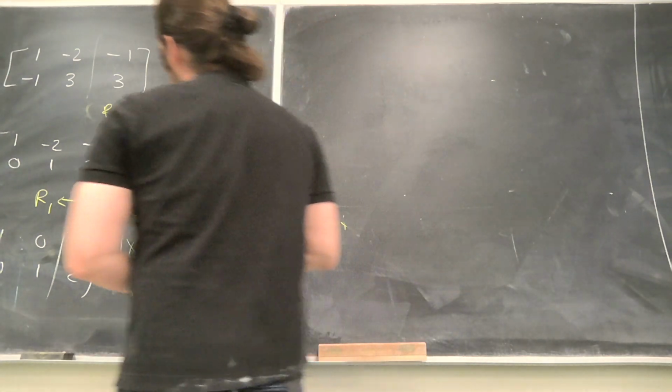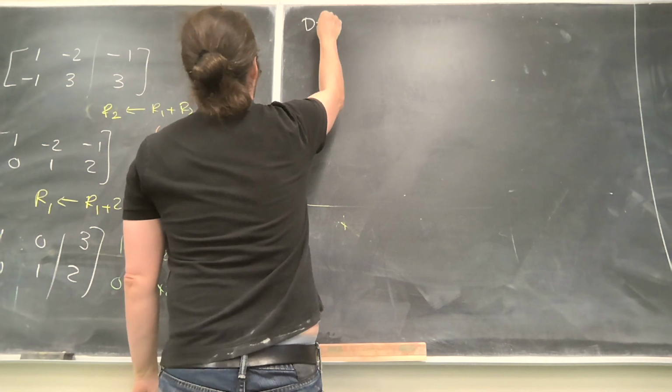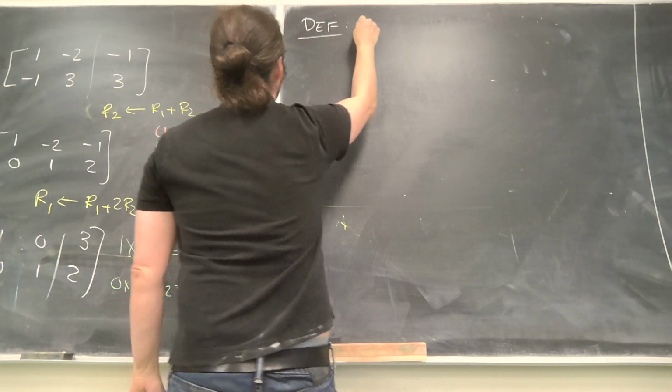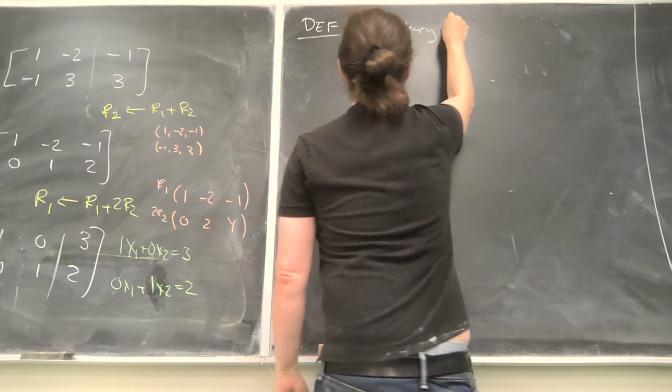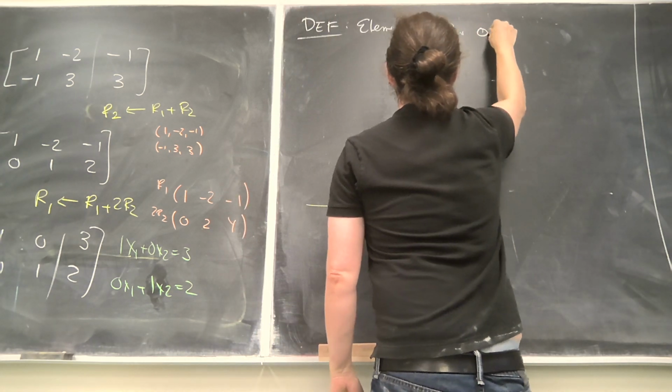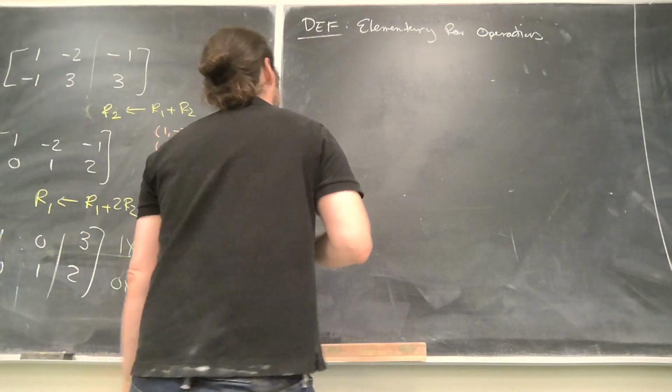So the first thing we're going to do is define the set of things that we're actually allowed to do to a matrix. I want operations that don't change the answer to the equations. These are called elementary row operations. There's 3 of them.